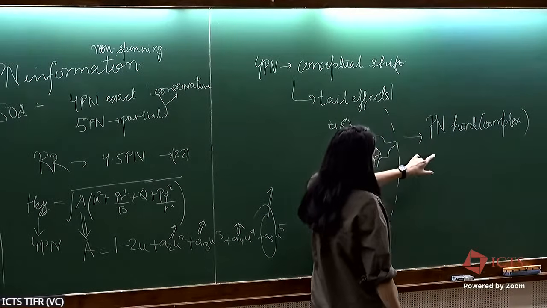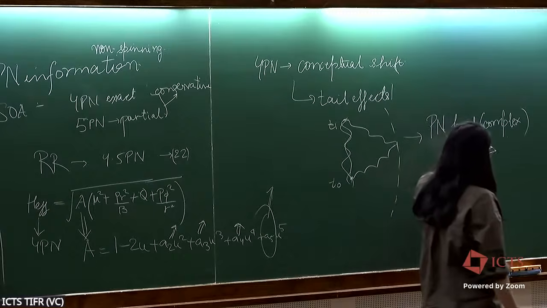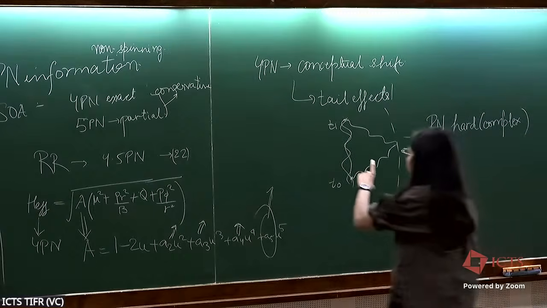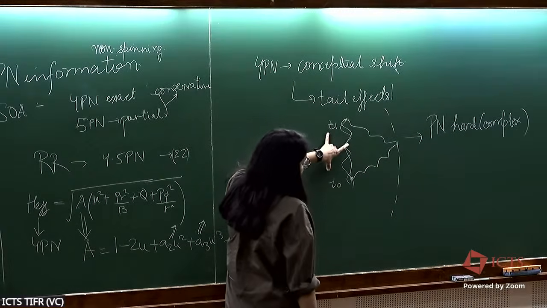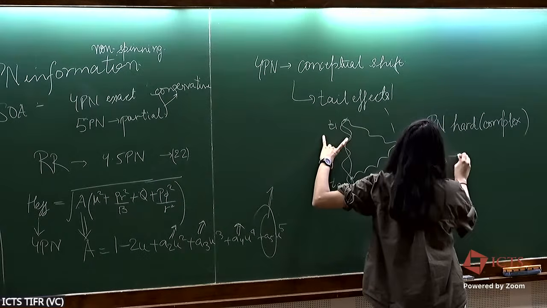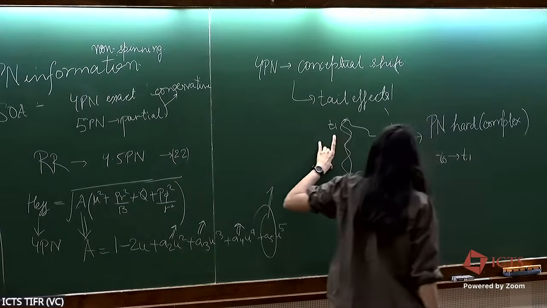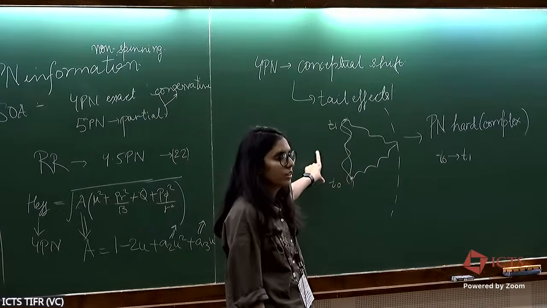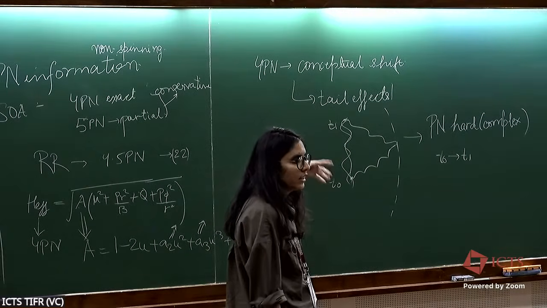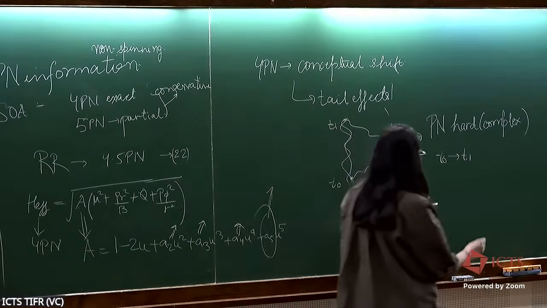And the reason why the computations in PN at this order start becoming complex is that if these two times are coincidental, suggesting that T0 approaches T1, there would be some sort of a singularity in the system. And removing the singularity makes life complicated.